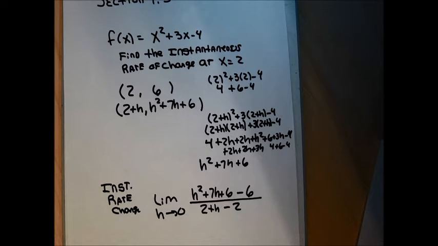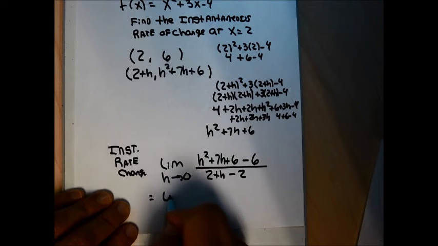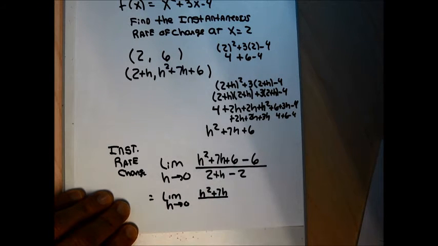In the numerator, the 6's cancel, and in the denominator, the 2's cancel. So I get the limit as h goes to 0 of h squared plus 7h in the numerator. And in the denominator, I just get an h.